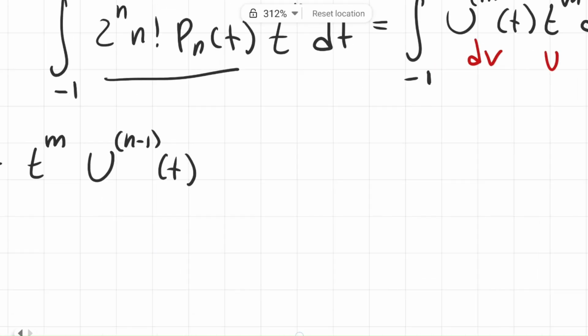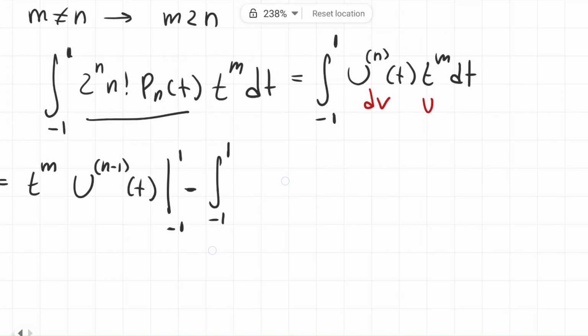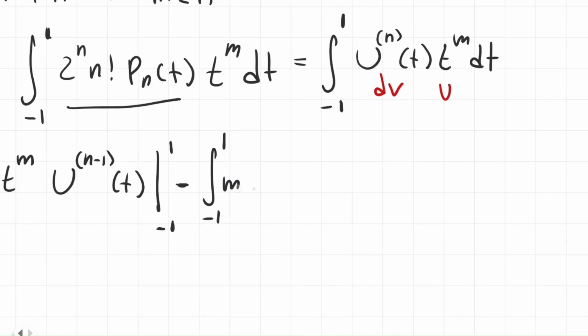So it gives us u to the n minus 1, and this is evaluated from -1 to 1, and then minus the integral from -1 to 1 of the u, which is m times t to the m minus 1, and then again v, which is u to the n minus 1 of t dt.